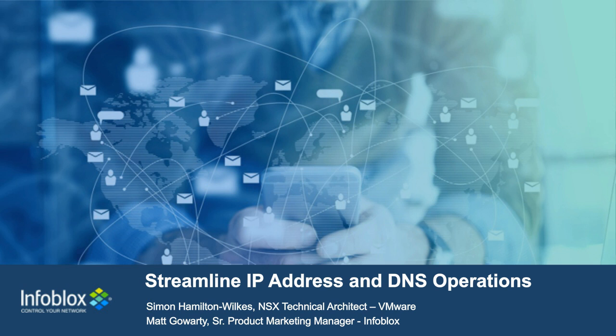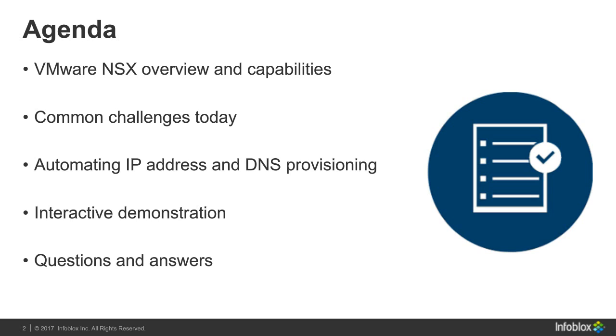So what we're going to walk through are some of the key things on today's agenda. The first one is, as I mentioned, Simon's going to walk through a VMware NSX overview and capabilities, and talk about some of the new and exciting things you can do from an SDN architecture point of view. And then we're going to drill down into more detail on aspects such as some of the common challenges that we see dealing with core network services in these types of environments, talking about the value of automating IP address and DNS provisioning, and how Infoblox can help with that, and also give you an interactive demo.